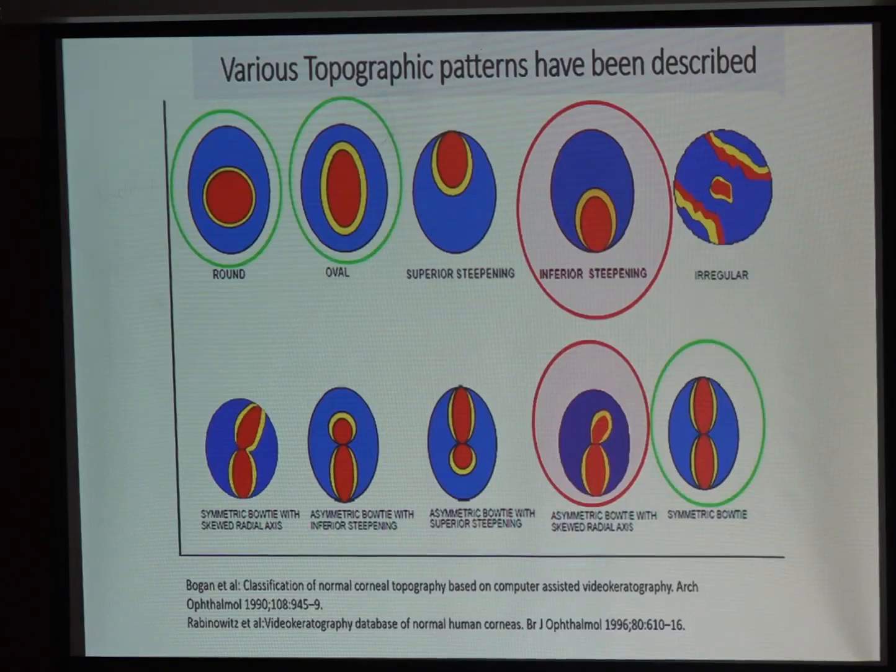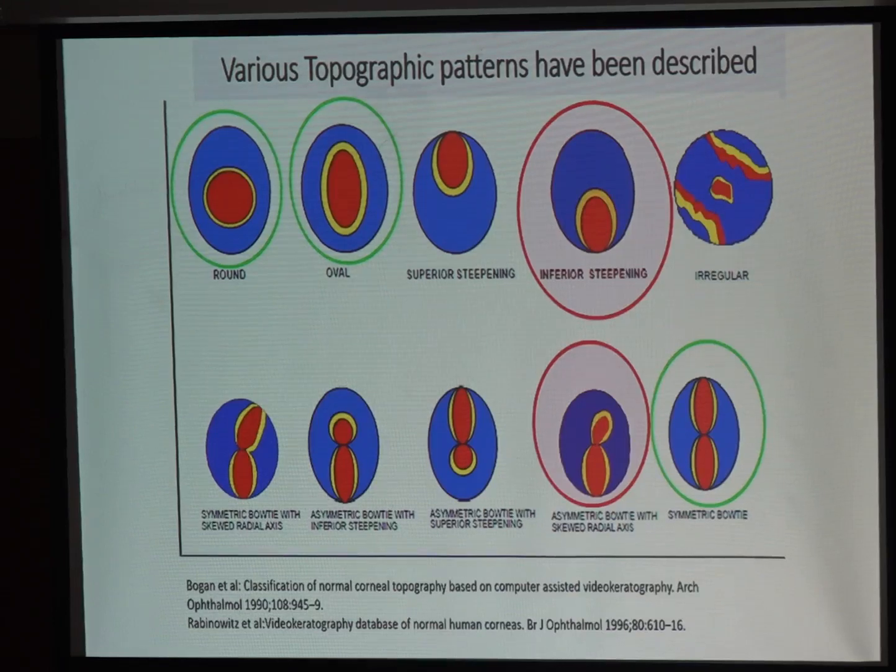Topography itself is also very important, and a simple topographer also gives you a lot of information. In fact, 10 topographic patterns have been described for the cornea. You have something where the central area is round, you have an oval, then you have some areas on topography which show a superior steepening, you have an inferior steepening, it may be irregular, and then you can have bow ties.